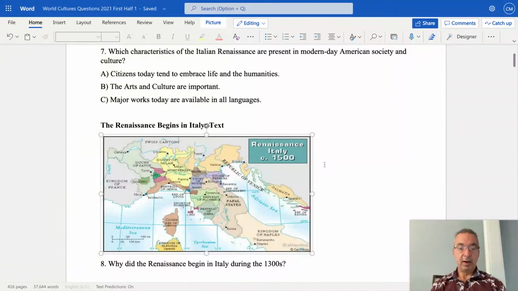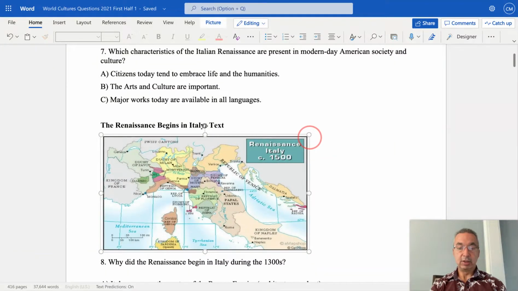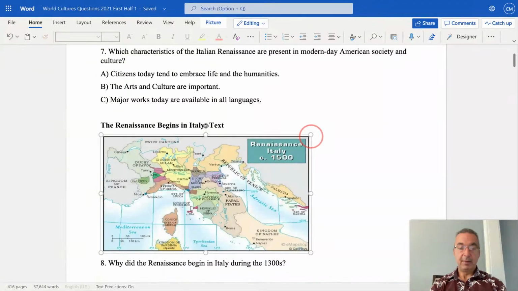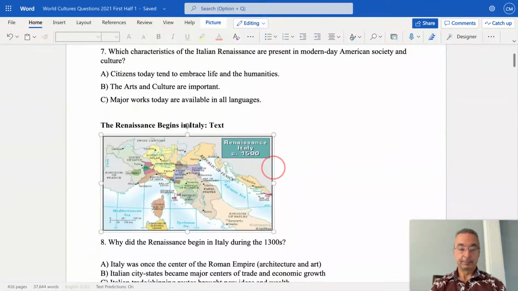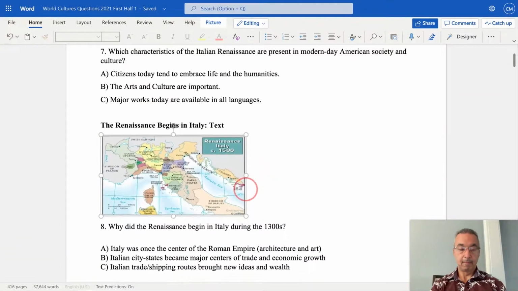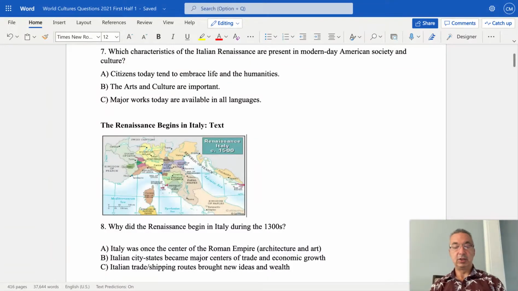Okay, number 8, why did the Renaissance begin in Italy? In addition to its geographic makeup, emphasizing culture, the arts, and things like that takes money. So a lot of the money through the trade is generated within Italy. Italy was once the center of the Roman Empire, so naturally, if we're going to reemphasize some of the ancient work from ancient Rome, that would make Italy a natural spot for that.